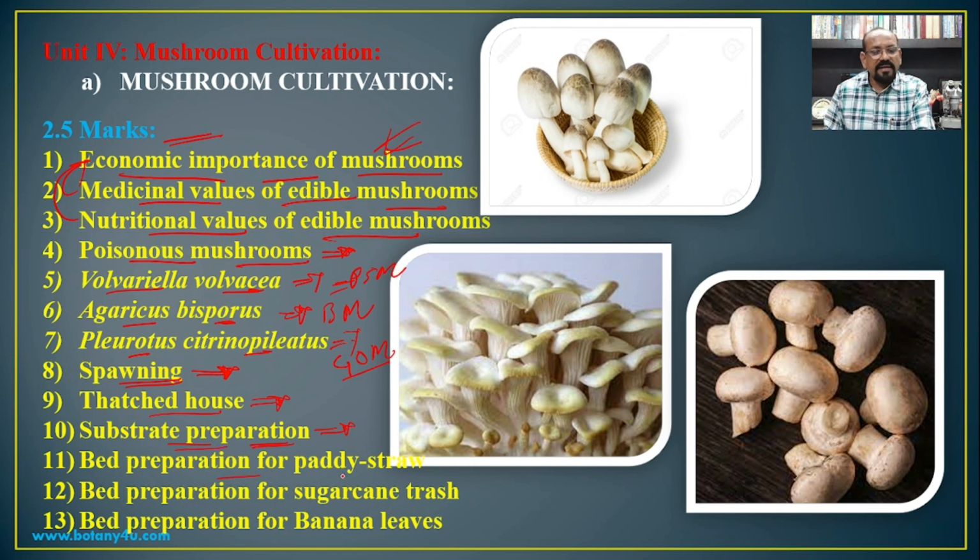Then bed preparation for the paddy straw mushroom, then bed preparation for the sugarcane trash, and the bed preparation for the banana leaf. So all these 3 different types of beds are used for the cultivation of mushrooms. So such types of different questions are asked for 2.5 marks in case of mushroom cultivation.